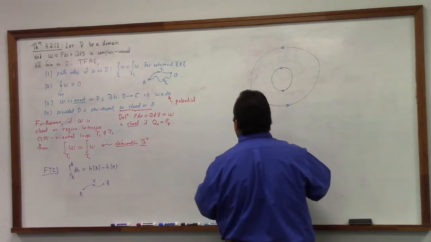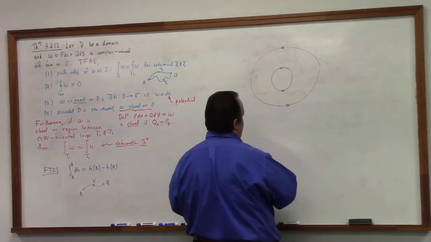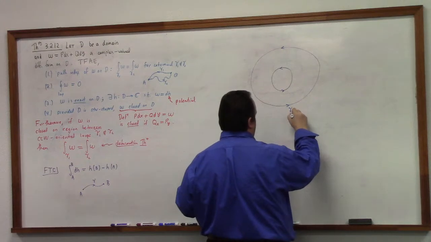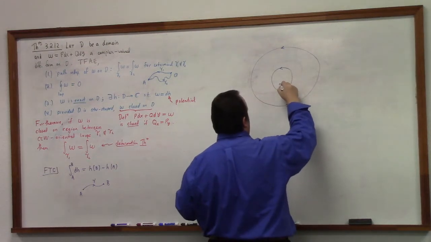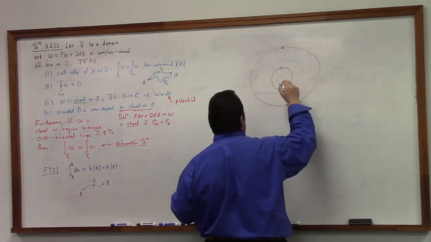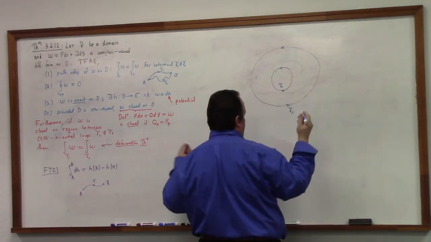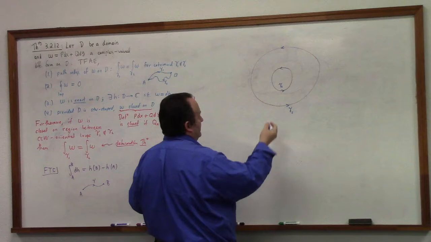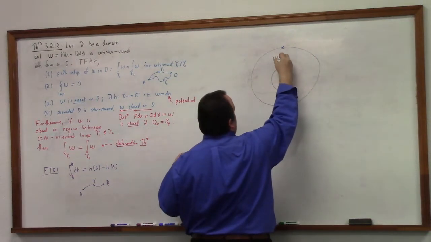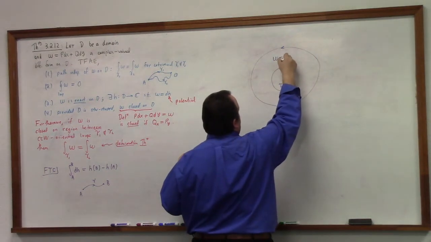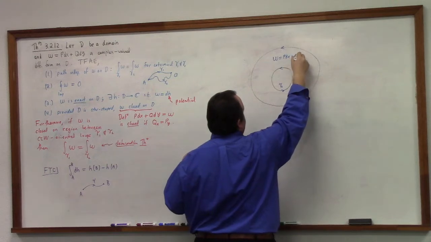We're going to assume that, as pictured. This is gamma out, this is gamma in, or I've called them gamma 1 and gamma 2. My claim is that those integrals are equal for a closed form.